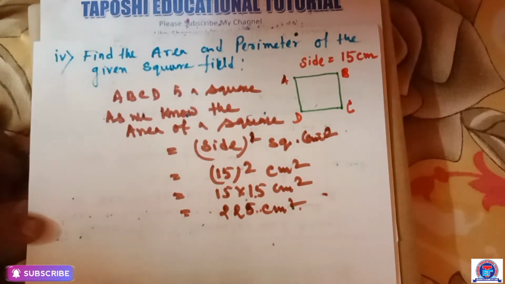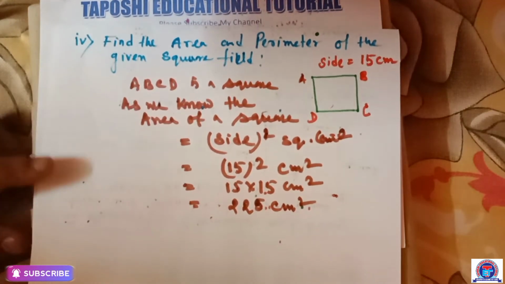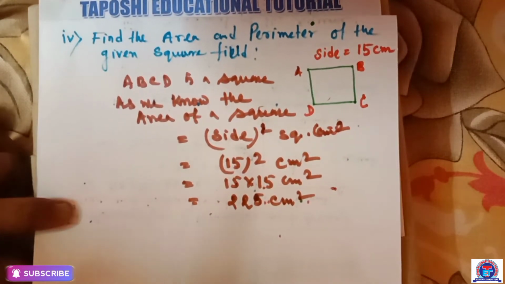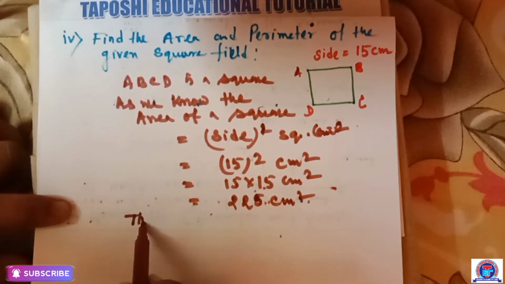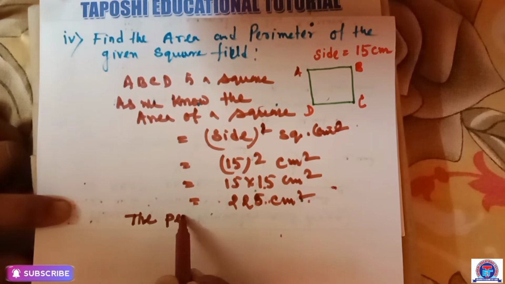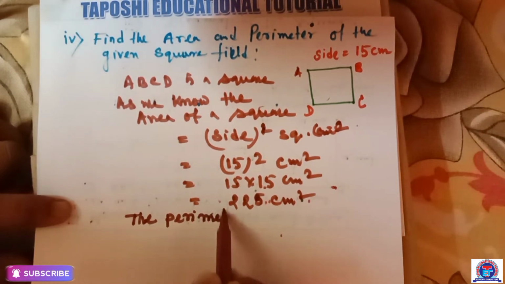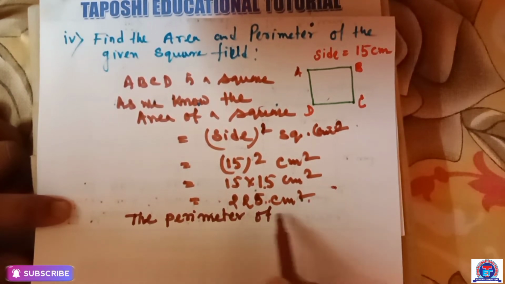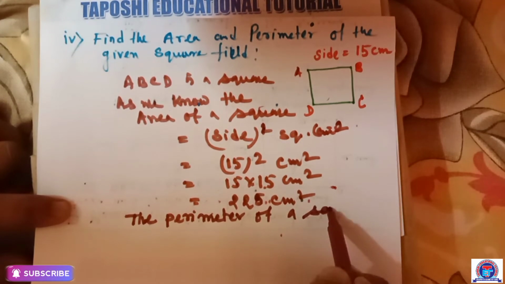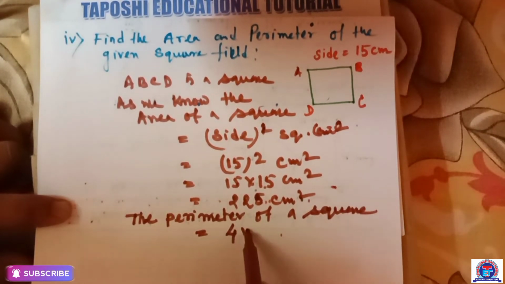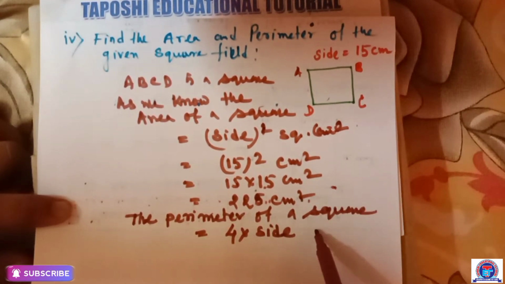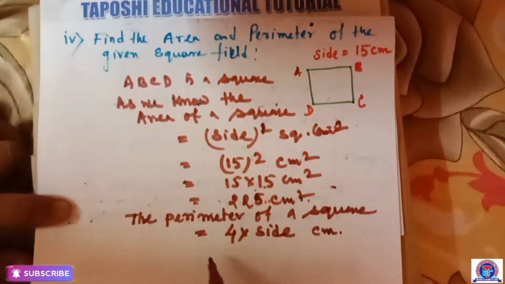Now the perimeter of the given figure. So what is this perimeter? As you know, the perimeter of a square is equal to 4 into equal side, and the unit is centimeter, right?